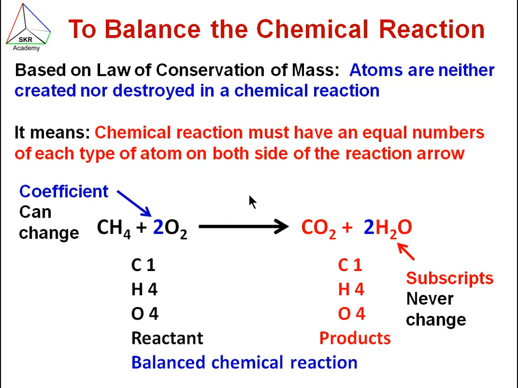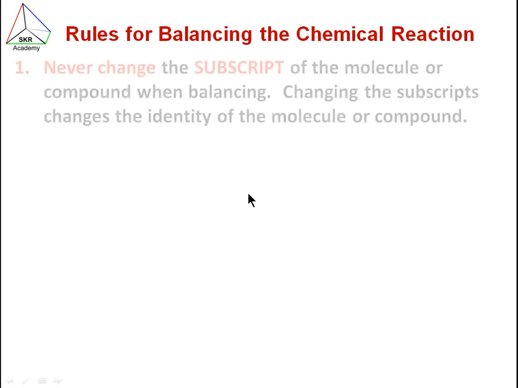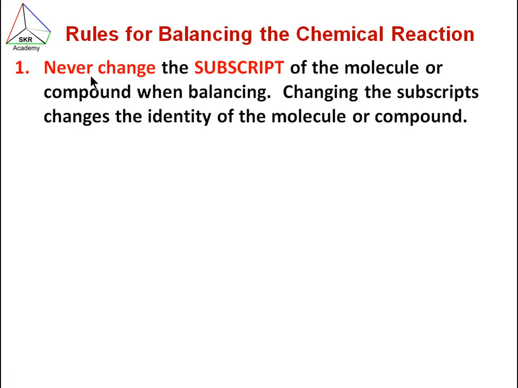So let's see some rules for how to balance a chemical reaction. Number one, as I said in the previous slide, never change the subscript of a molecule or compound when balancing a reaction, because if we change the subscript, the identity of the molecule or compound will change.